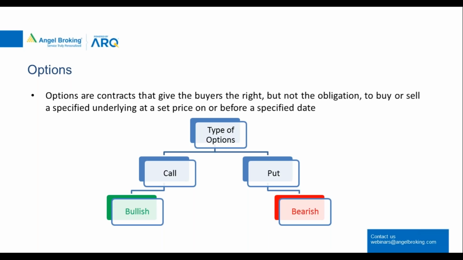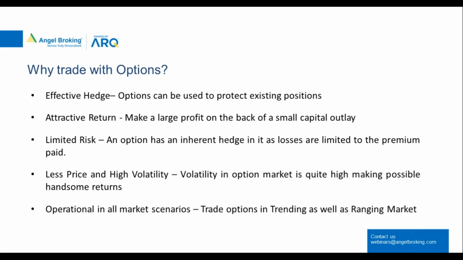These are exchange traded instruments, and they have their expiry dates. These are leverage instruments, and one needs to understand them properly before taking a position. At the same time, these derivative instruments give you the opportunity to trade the market from both the long side and the short side, depending upon the view that you have.